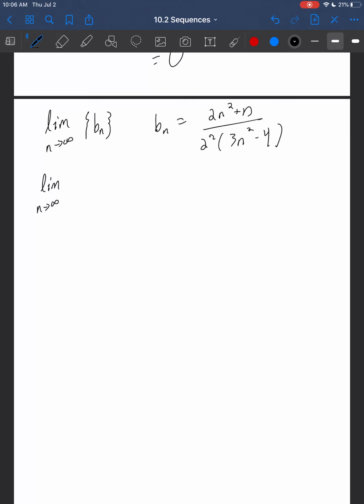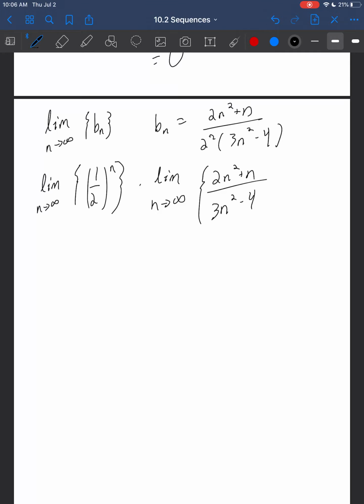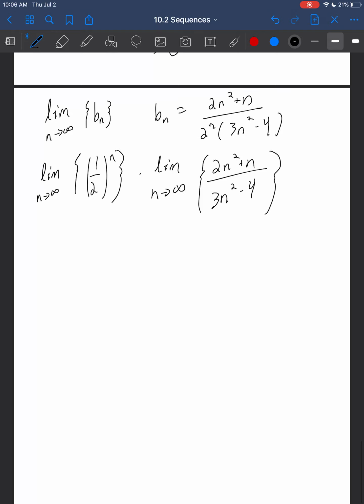So this is actually going to be the limit as n goes to infinity of 1 over 2 to the n, times, right? I can always just split up my sequence by multiplication, by my limit rules. So then 2n squared plus n over 3n squared minus 4.